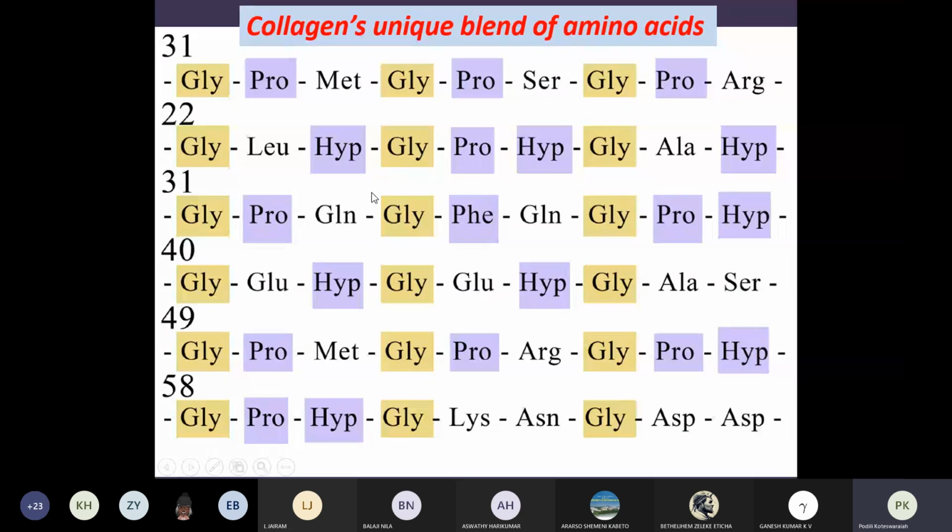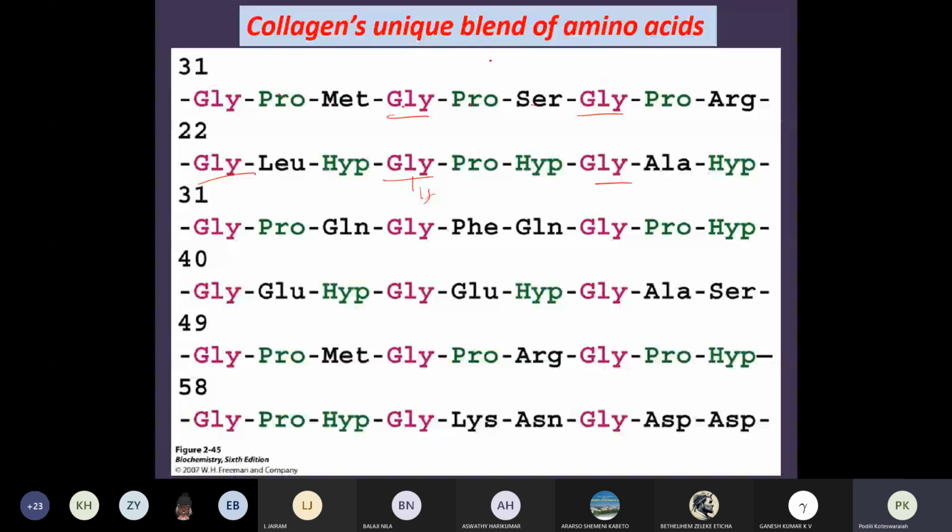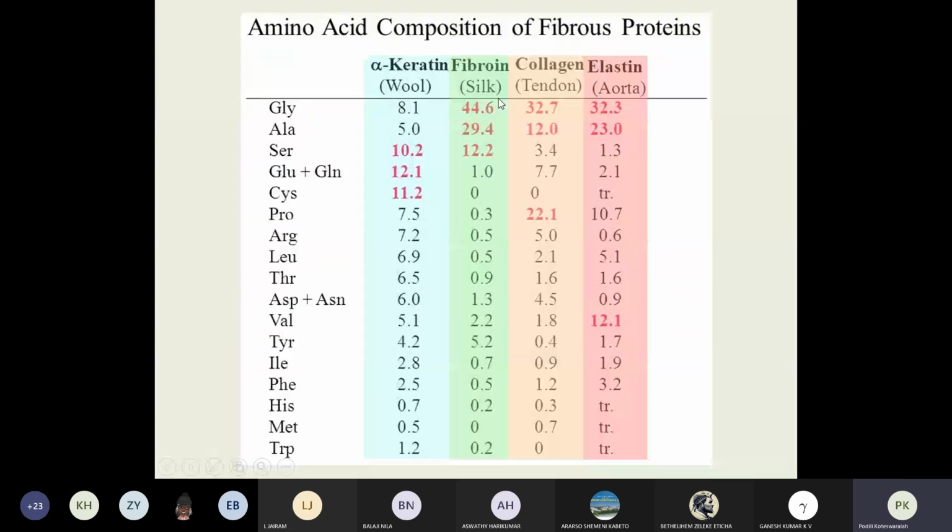When the three left-handed polypeptide chains are coiled in a right-handed fashion, the glycine residues are pushed into the center. Since glycine doesn't have a side chain, it gives less steric clash. That's why other amino acids cannot fit into the center. This you will see in the next slide. And you can also see here the composition of the various amino acids in collagen.